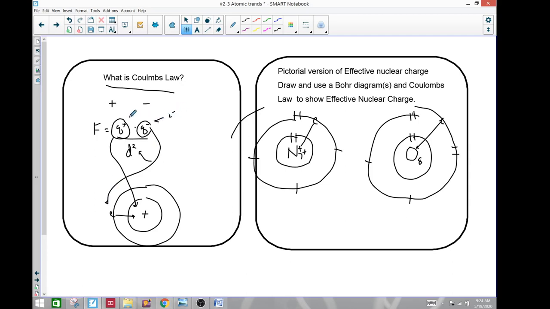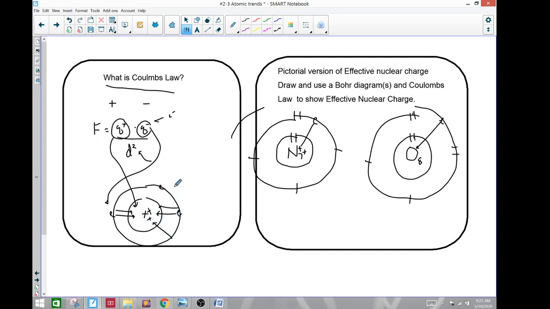This is always the nucleus charge. So if I add another proton, this guy is attracted to it more. I could add another electron here, but this guy isn't more attracted. So as I add protons, my attraction gets bigger and bigger.